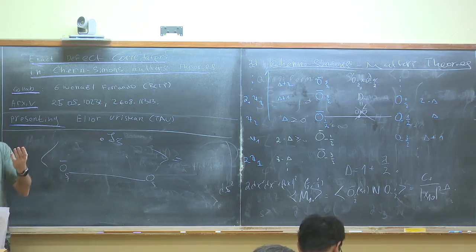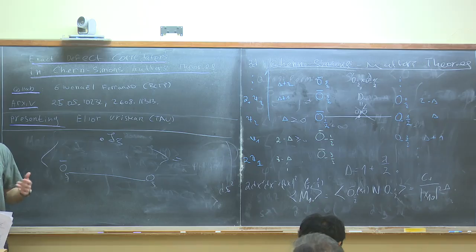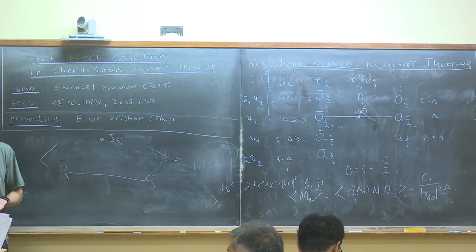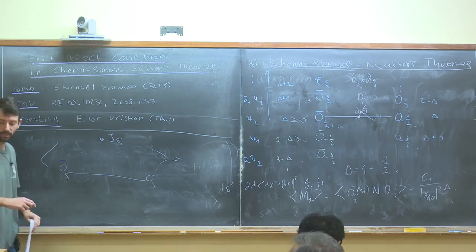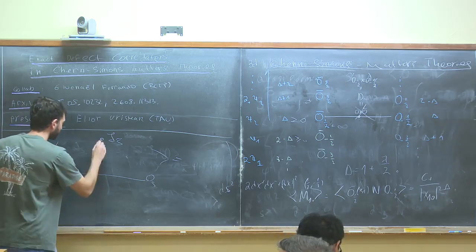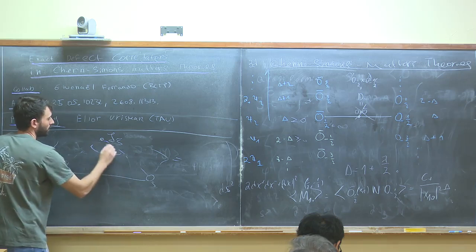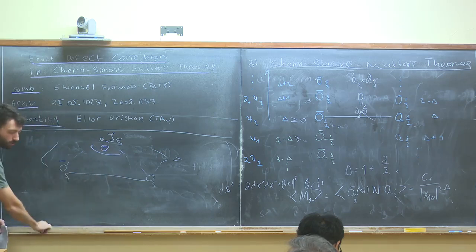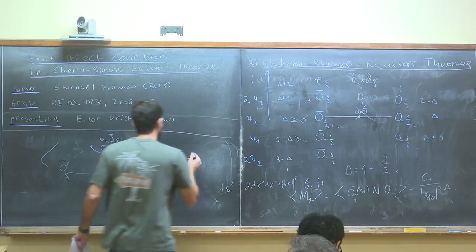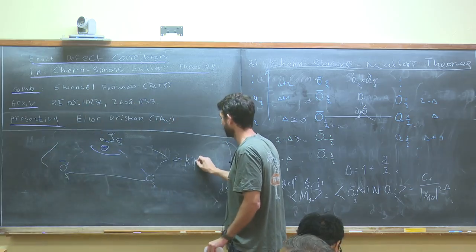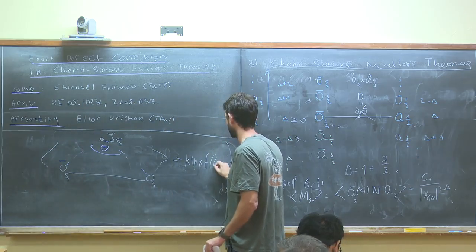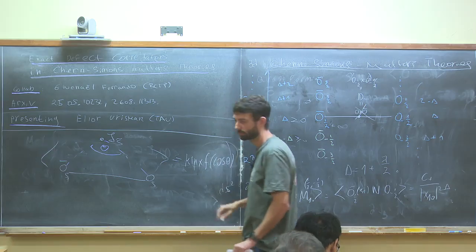So 5 degrees of freedom. But SL2R cross U1 is just 4 generators. So you're stuck with one unknown function. And apparently this function is exactly the angle here. So at the end of the day, this whole thing is just some kinematical prefactor times some function of the cosine of the angle.